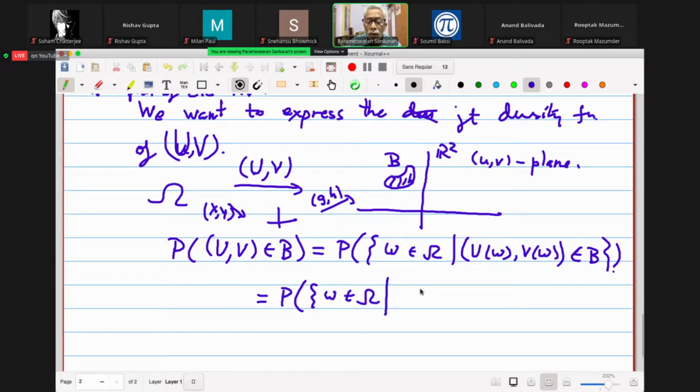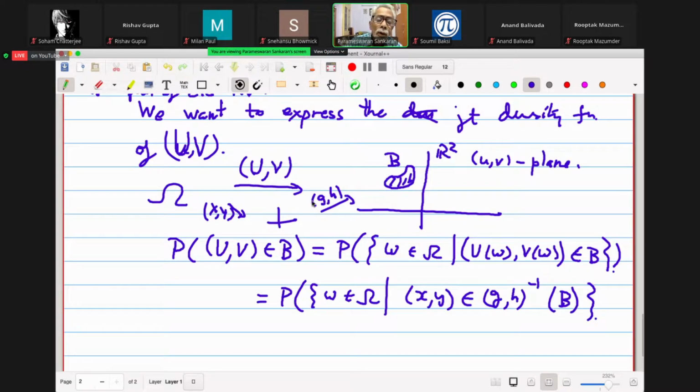This is the same thing as saying (X, Y) of omega is in the function (g, h) inverse of B. So this is some function defined in a planar region, and that is getting mapped to here.